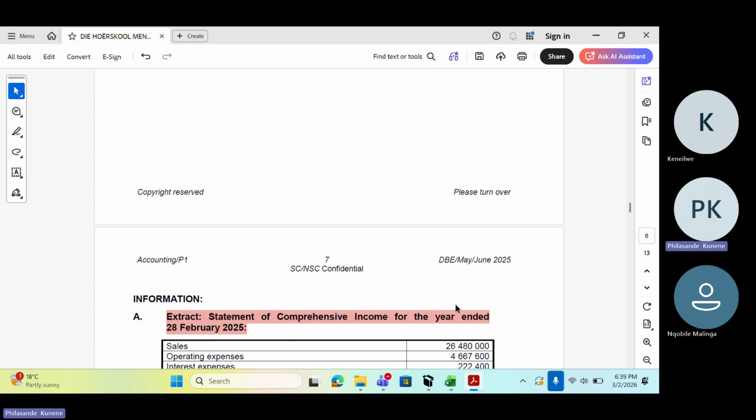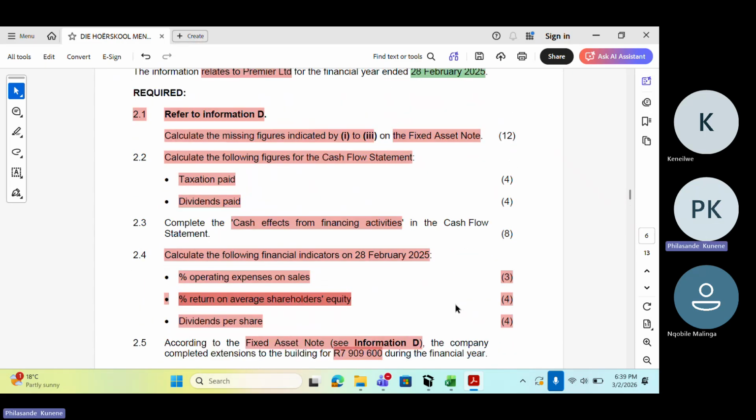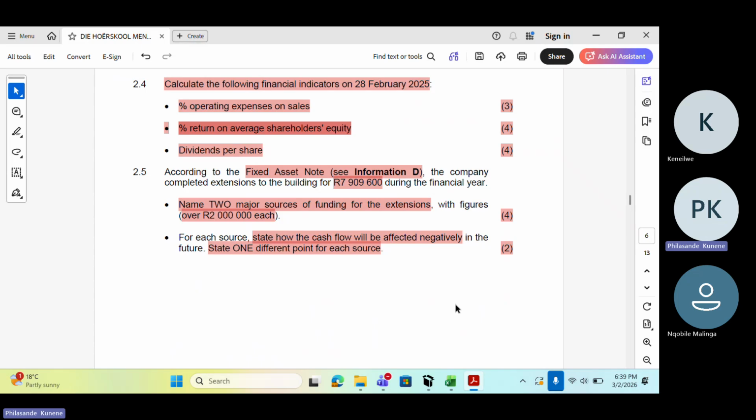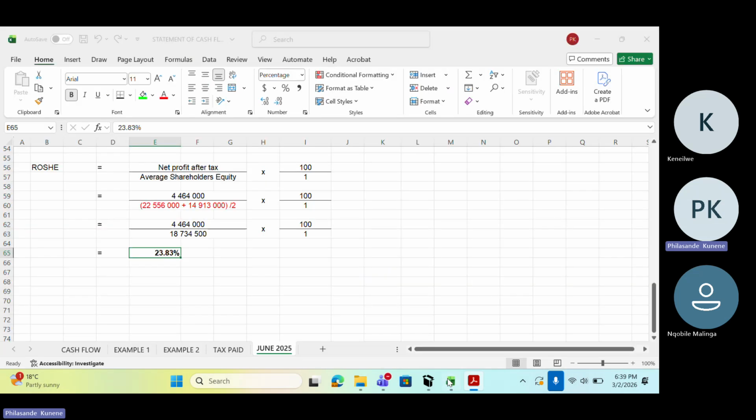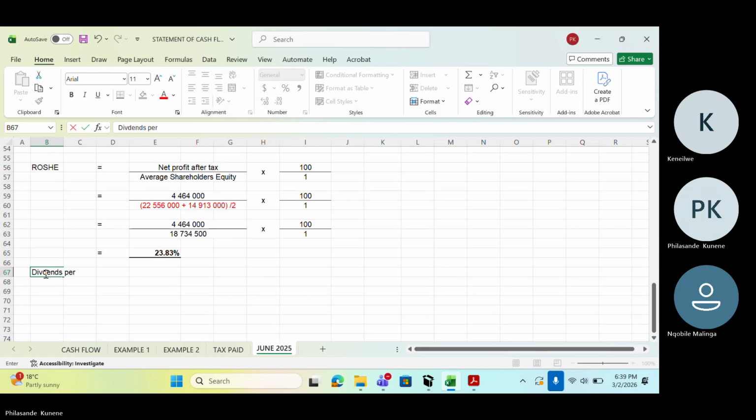Okay, and then we go back again. Dividends per share. What is the dividends per share? It's very easy, that one.